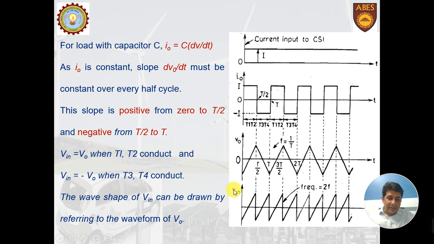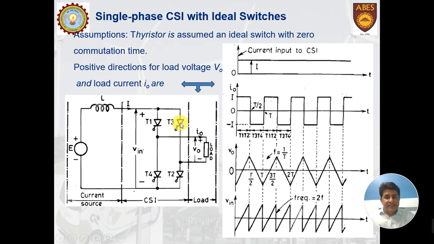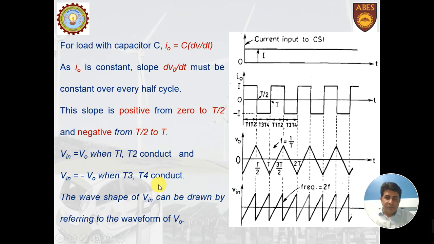Now in a current source inverter, these four devices that we have used are unidirectional devices. Because the devices are unidirectional, the output voltage and the input voltage will have a relation. During the first half cycle, from 0 to T by 2, the input voltage will be the same as the output voltage, that is, V in will be the same as V naught when thyristors T1 and T2 are conducting.